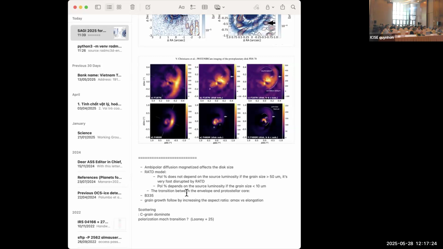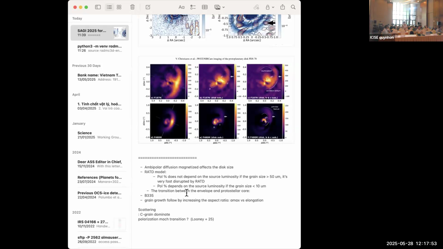Maybe I have a question for Shiwei. How about the Hall effect? Is it not a factor anymore? Well, in simulation, yes, it does have some effect, but observationally it's hard to test. So we tried some simulation results to see how the Hall effect looks observationally.